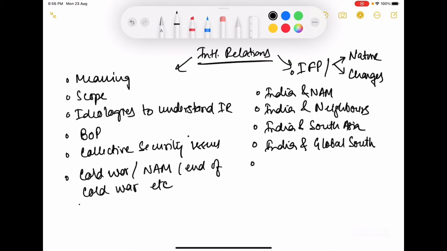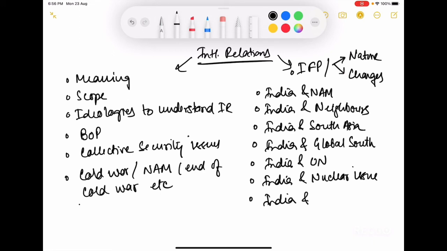Number 6, you have India and UN. Number 7, India and nuclear issue. Number 8, India and centers of power.